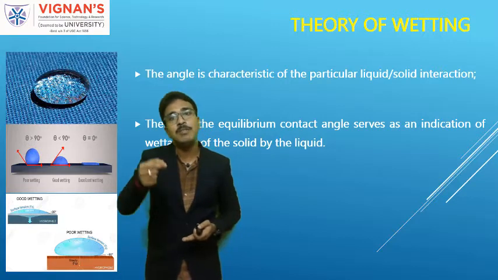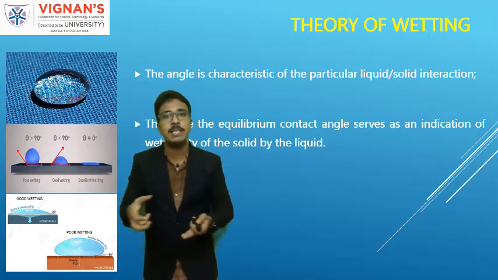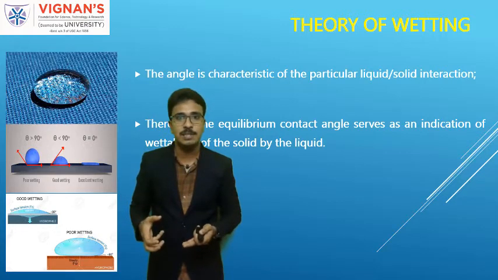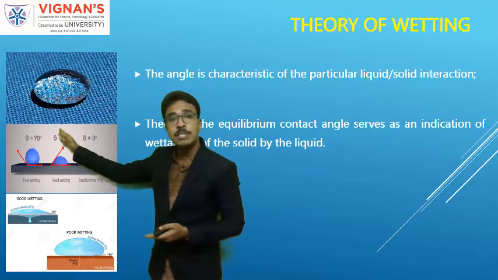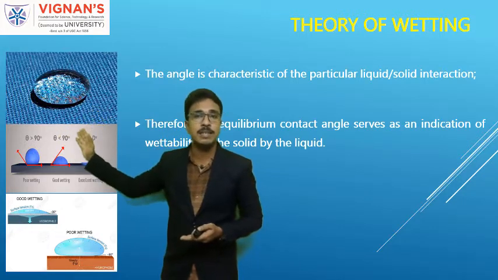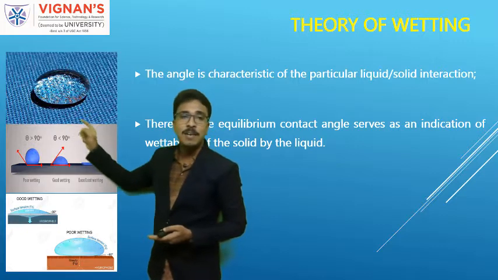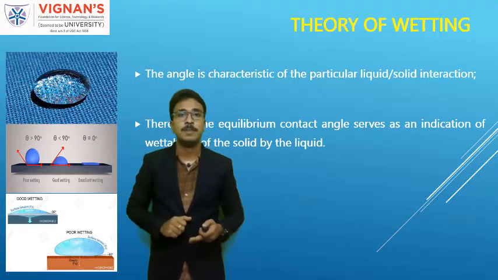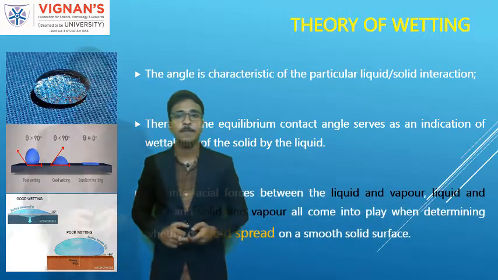If the theta value is less, the droplet easily spreads on the solid surface. If the contact angle theta is more than 90, you can see the droplet just stays over the fabric surface itself. So that is the importance of contact angle.